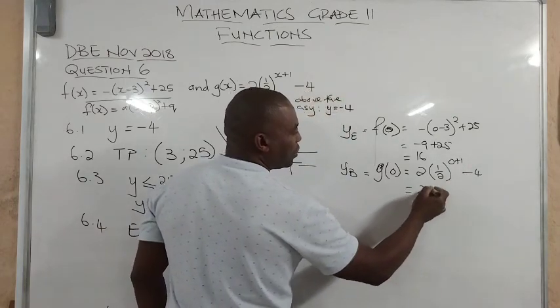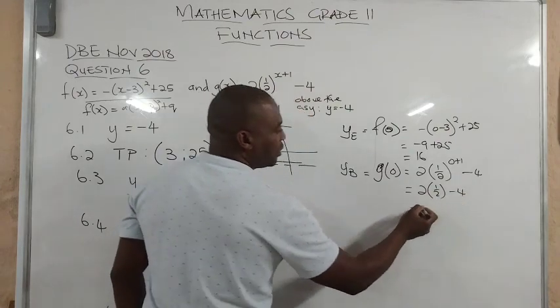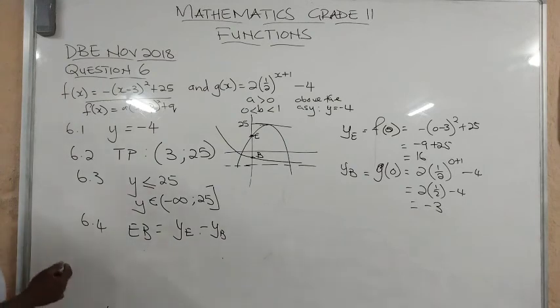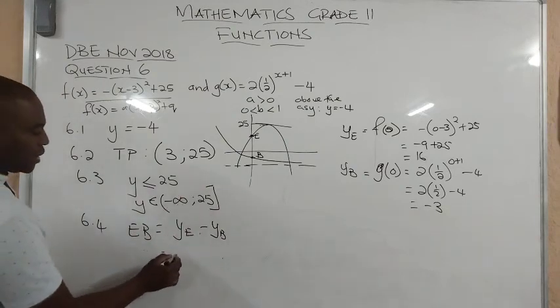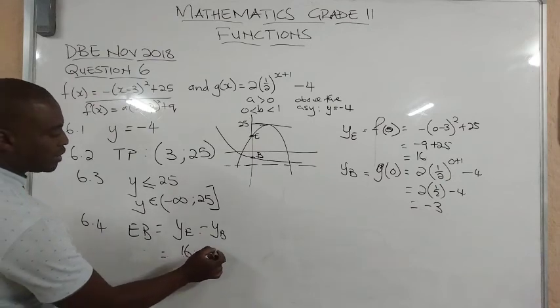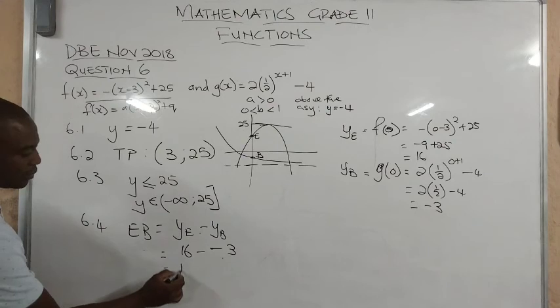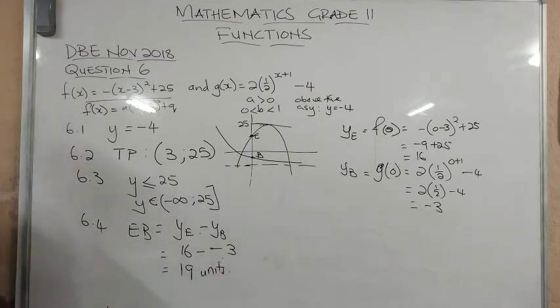So this will be 2 by half minus 4, which will give us negative 3. So basically we are saying EB is y at E, that is 16, minus negative 3, and that will give us 19 units.